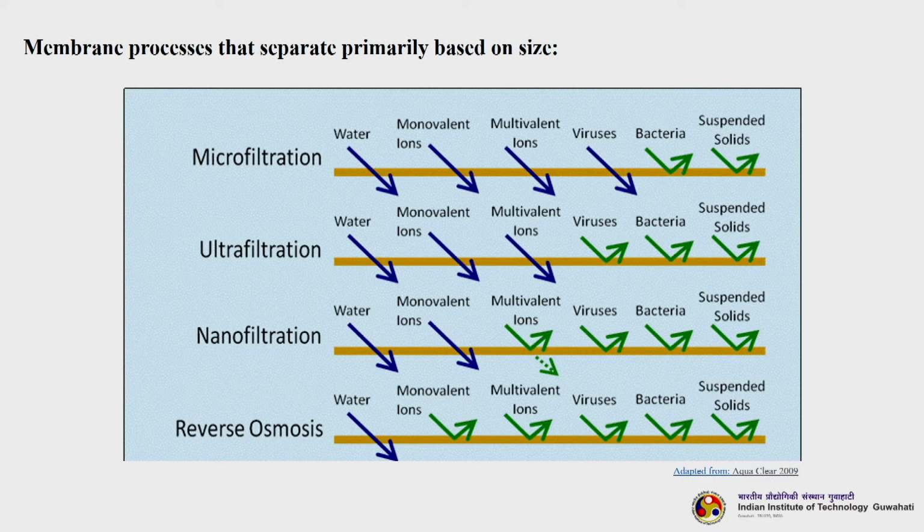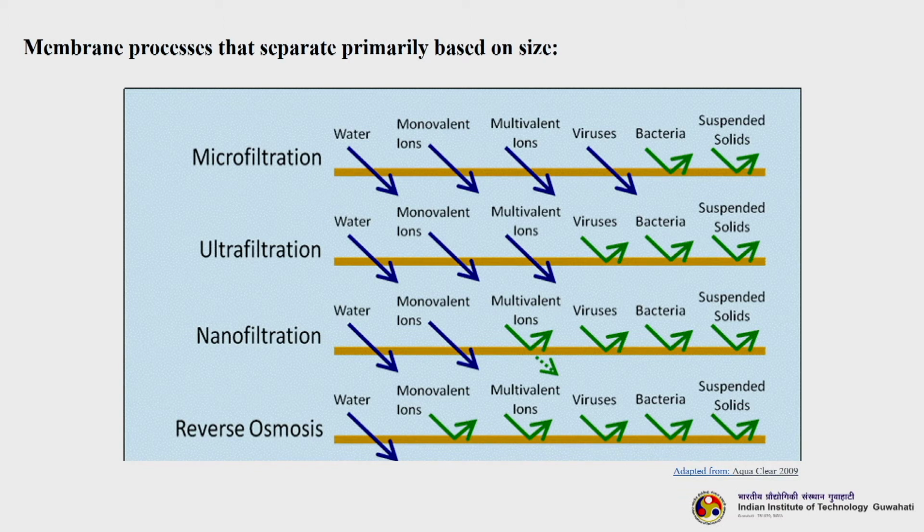Then the ultrafiltration, all these will pass through, however, it will reject viruses, bacteria as well as suspended solids. In nanofiltration, again some of the monovalent ions depending upon the sizes will be retained and some will pass through, and it will reject virus, bacteria and suspended solids. And in reverse osmosis, only water or solvent can pass through, all other ions, viruses, bacteria, any suspended solid will be retained.